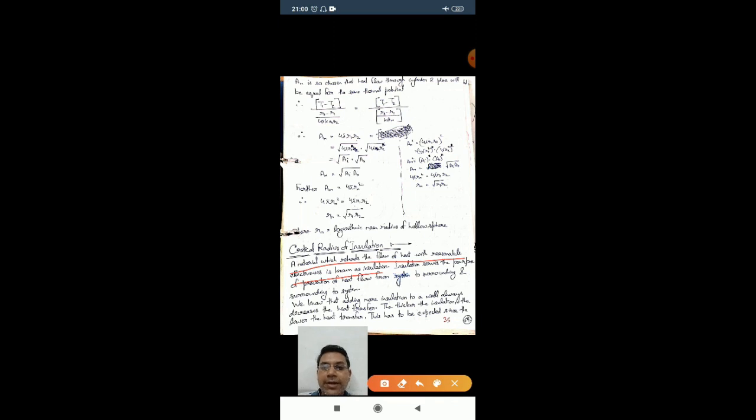Now adding insulation to a wall always decreases the rate of heat transfer. Why? Because area is constant, and the thicker the insulation, the lower the heat transfer.